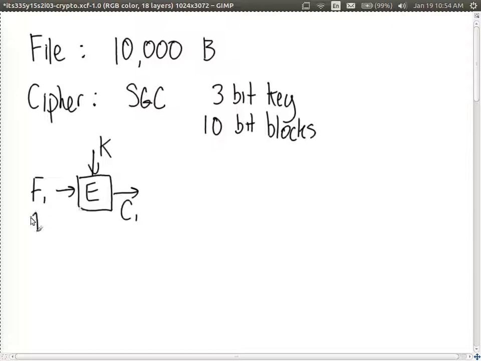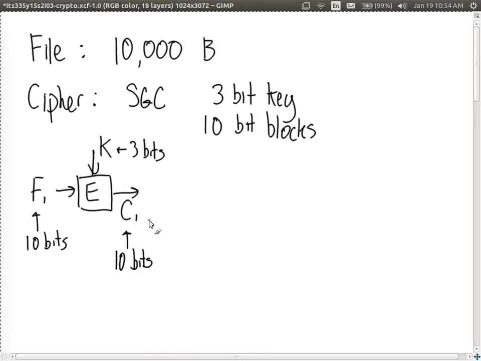Where this is 10 bits, and this is also 10 bits, and this is 3 bits. Just for our simplified example, to illustrate that we don't encrypt all 80,000 bits at once. We apply our cipher on a block, in this example 10 bits.